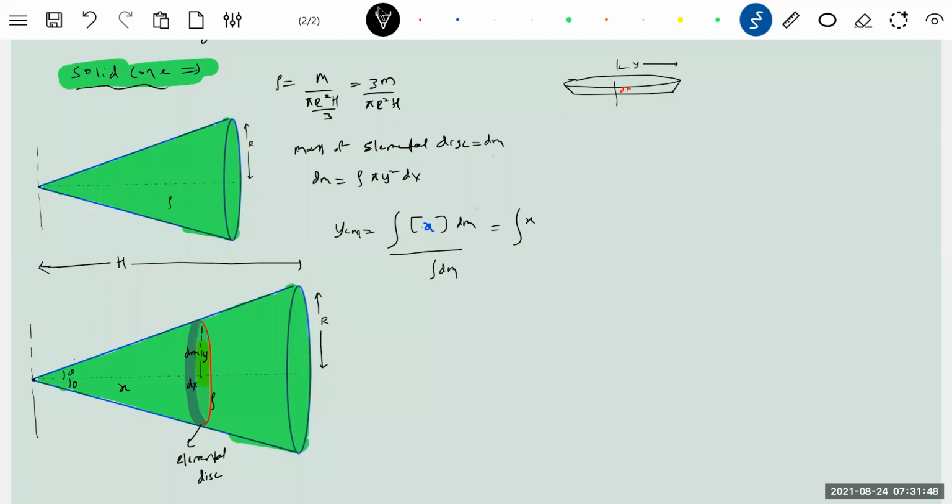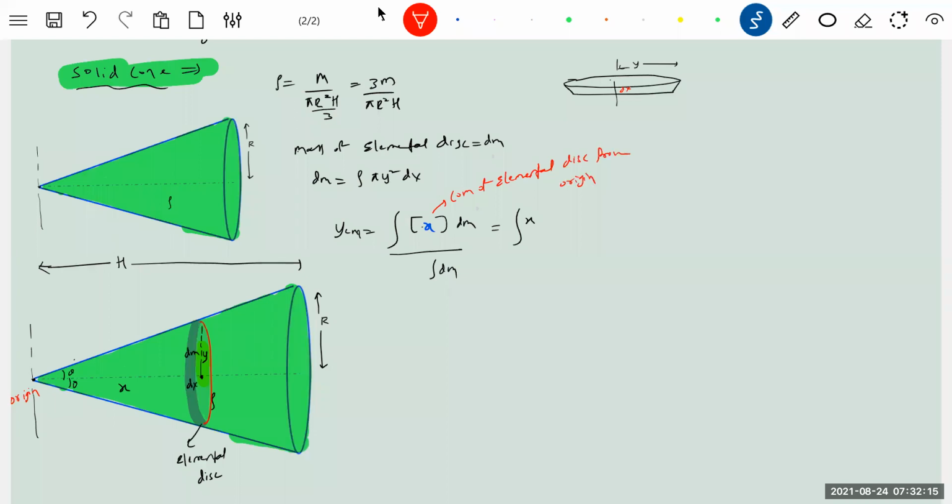Here I know where the center of mass of the disk will be. The center of mass of this should be at its center. So what is x here now? The center of mass of the elemental disk from the origin. We'll choose this as the origin.